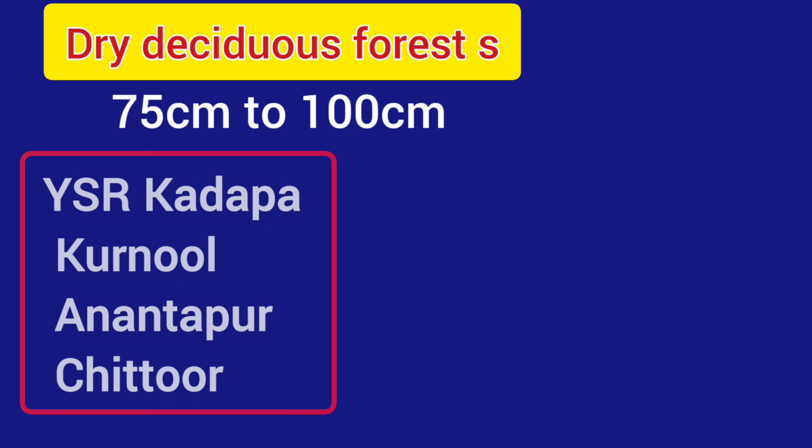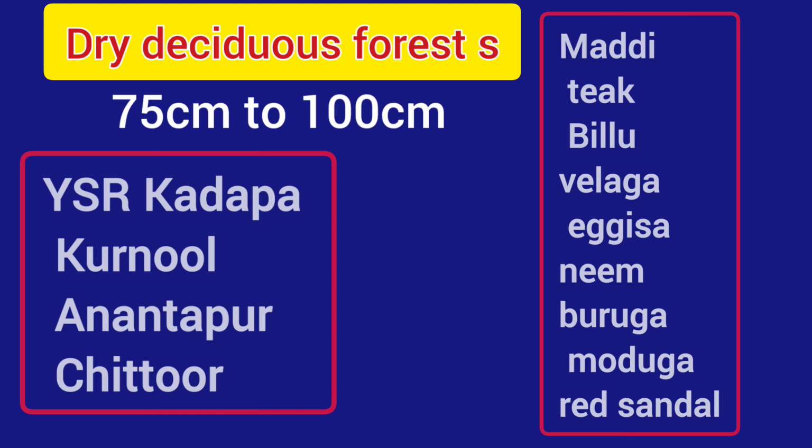The trees that grow in the dry deciduous forests are Maddi, Teak, Billu, Velaga, Egisa, Neem, Buruga, Moduga and red sandal trees are the important trees that grow in the forest.